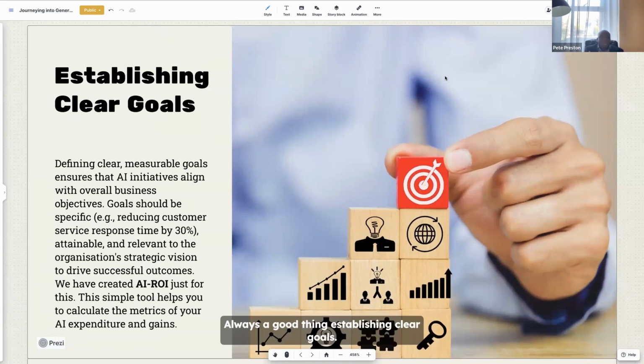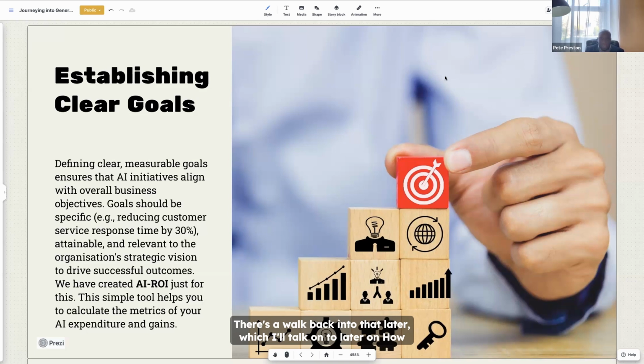Always a good thing is establishing clear goals. So how does this AI align with your overall business objectives? Several companies have found this to be so effective that, unethically, they've fired maybe 20-30% of their staff because they realized that this technology could do a lot of the work that the team previously did.